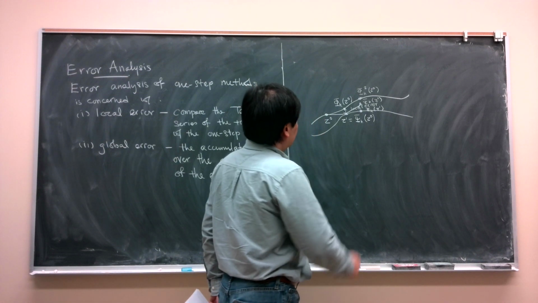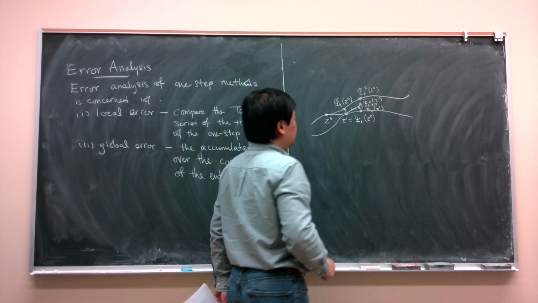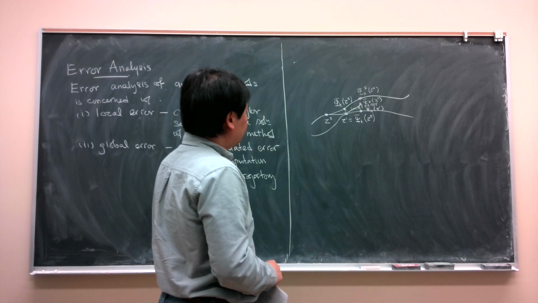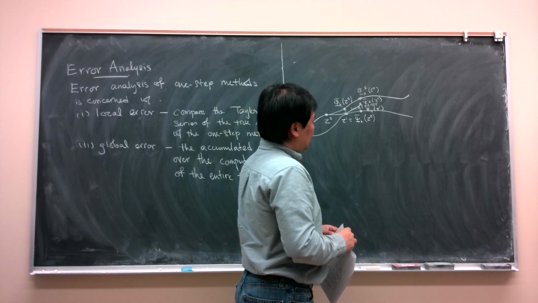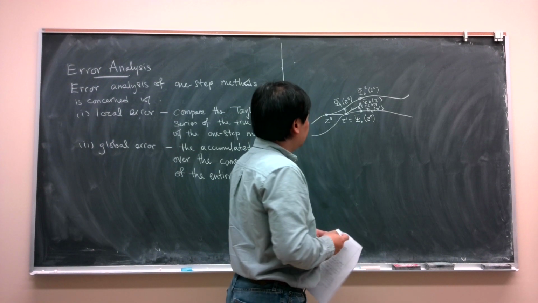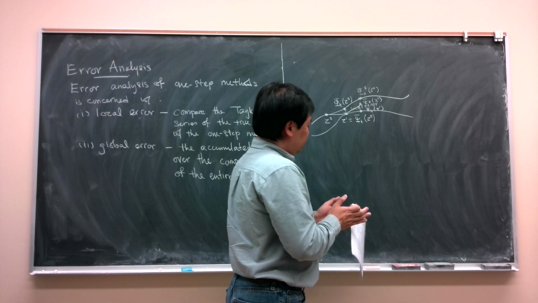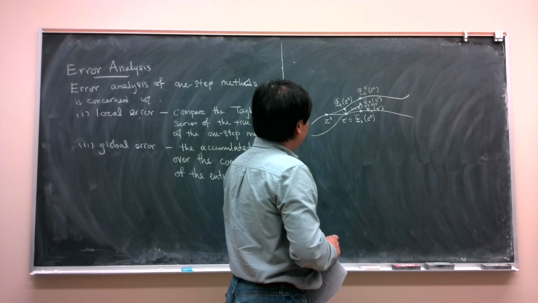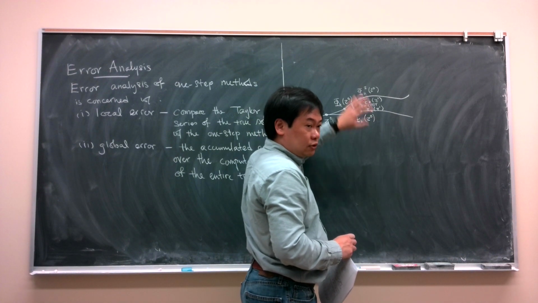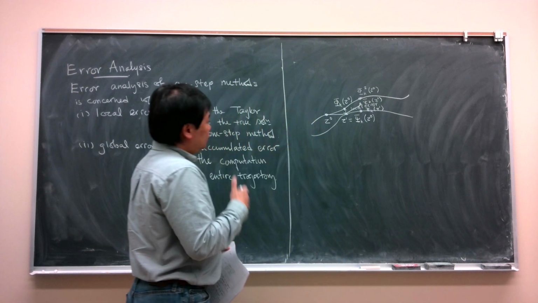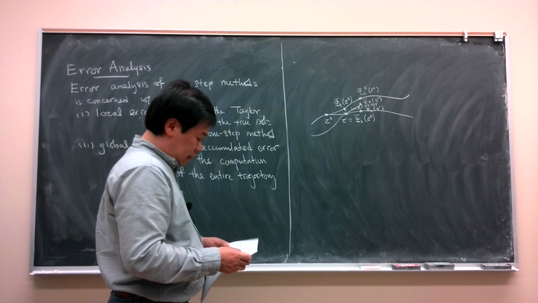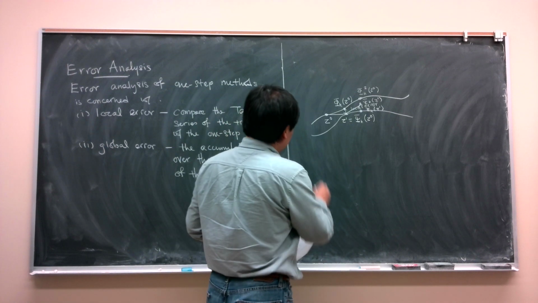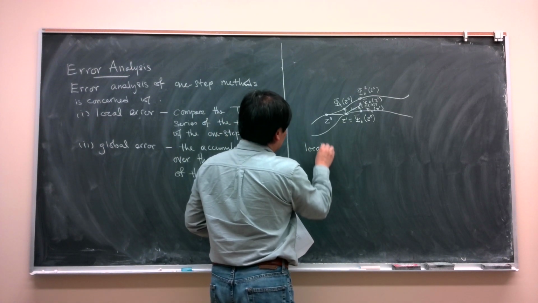Okay, so this is something which you can bound by using what is known as the Lipschitz constant of the vector field. More or less that is going to measure the extent to which nearby trajectories diverge from each other by the exact flow. So we're going to use these two pieces of information to then construct the global error analysis. Okay, so that's sort of the picture to keep in mind. But again, let's start with the local error.